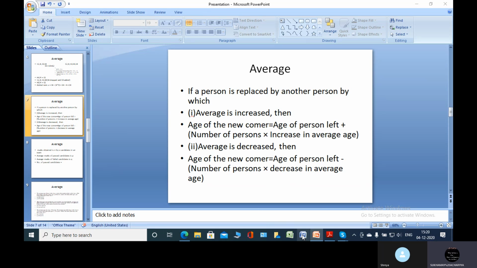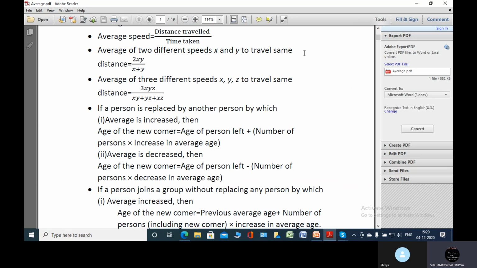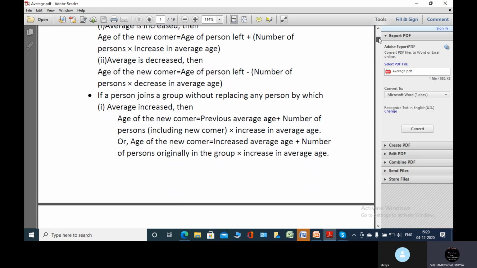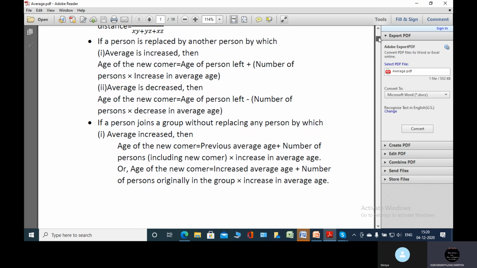Then we are going through another case, that is in age problems. If a person is replaced by another person by which the average is increased, then the age of the newcomer is equal to the age of the person left plus the number of persons into the increase in average age.